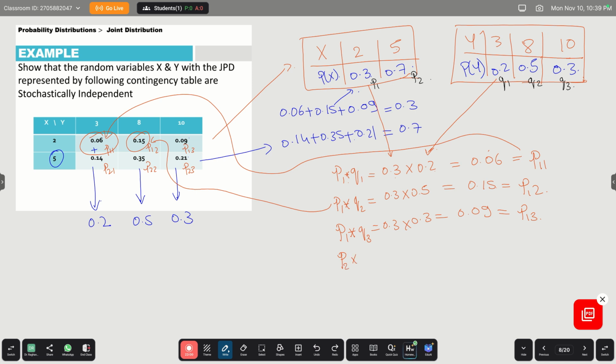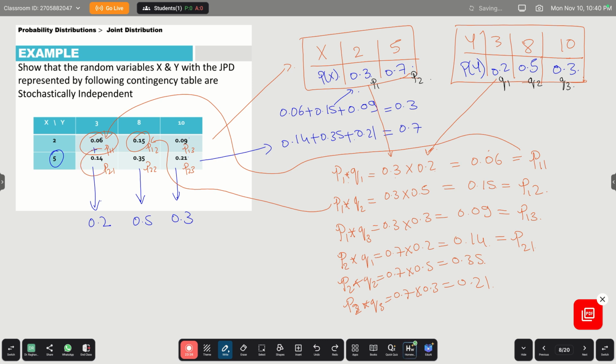Now I'll go with P2. P2 multiplied by Q1 is 0.7 multiplied by 0.2, 0.14. P2 multiplied by Q2 is 0.7 into 0.5, which is 0.35, and P2 multiplied by Q3, 0.7 into 0.3, is 0.21. Are they equal to the corresponding Pij's? P2 into Q1 is 0.14. 0.14 is P21.